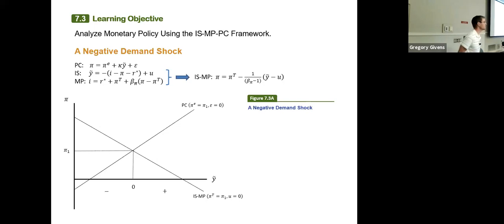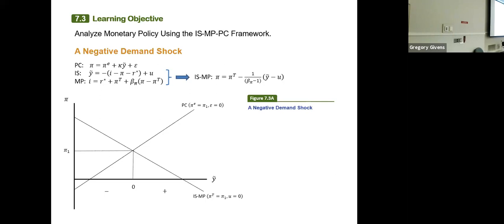Now, here's what I want you guys to work through with me. What happens if there is a negative demand shock in the economy? Let's suppose there is a pandemic-related recession that causes people to drop their spending below normal level, okay?